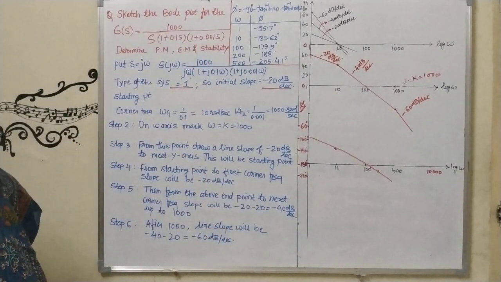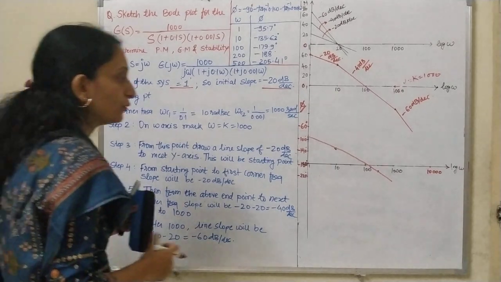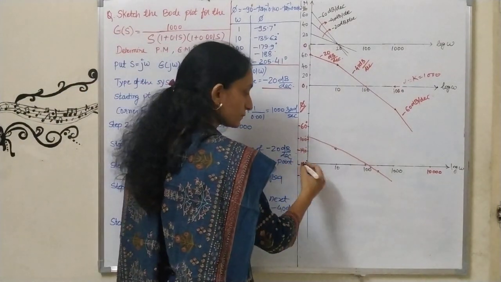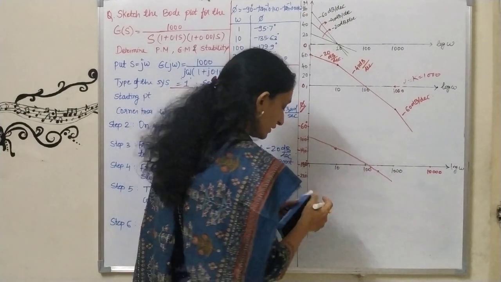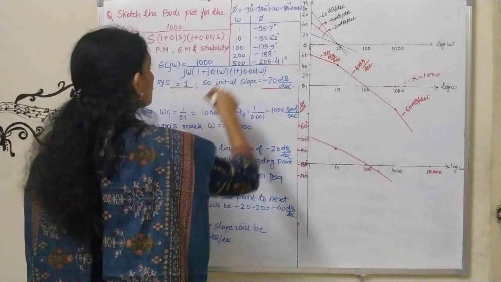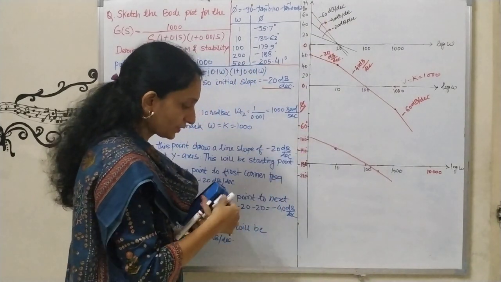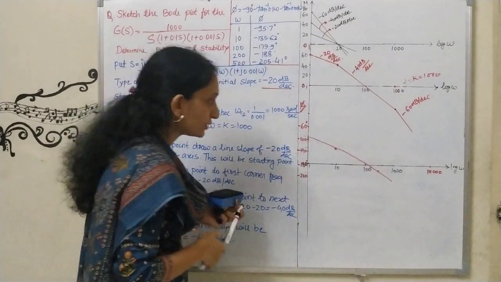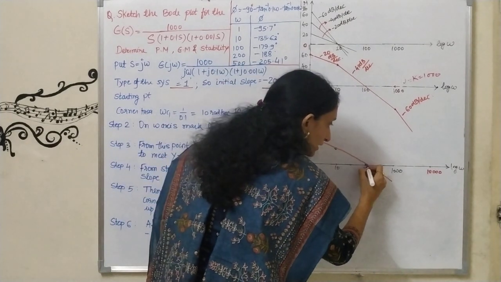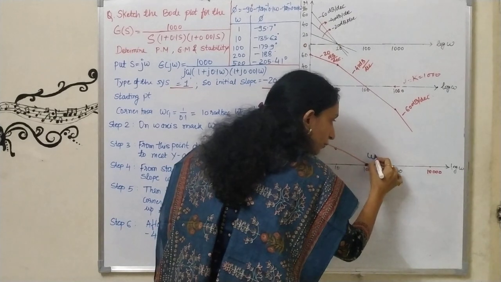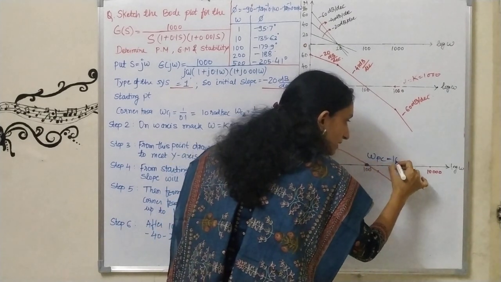Now the important thing, I need to calculate omega GC and omega PC. Now look at this. Here, this is a phase plot, and this phase plot is intersecting with minus 180 degree line at omega is equal to, look at this, it is intersecting here. Okay, it is intersecting here. So I am writing omega PC as 100.